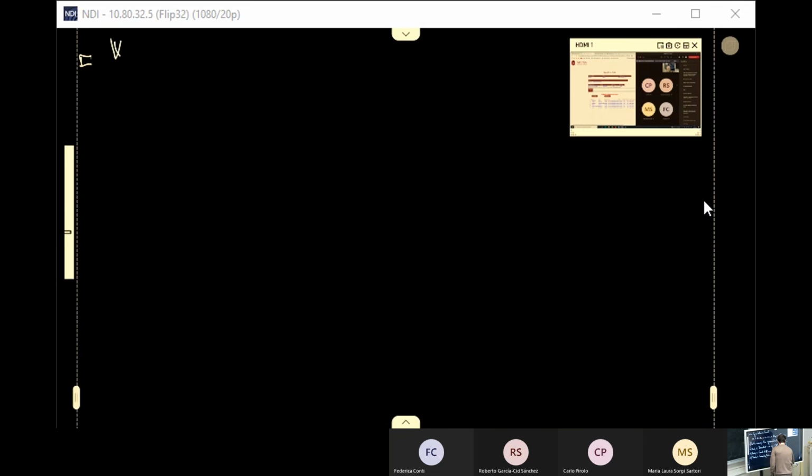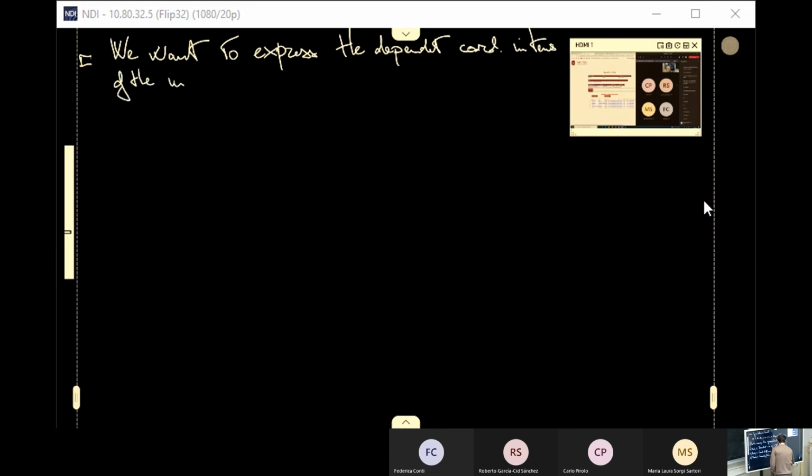We want to express the dependent coordinates in terms of the independent ones.